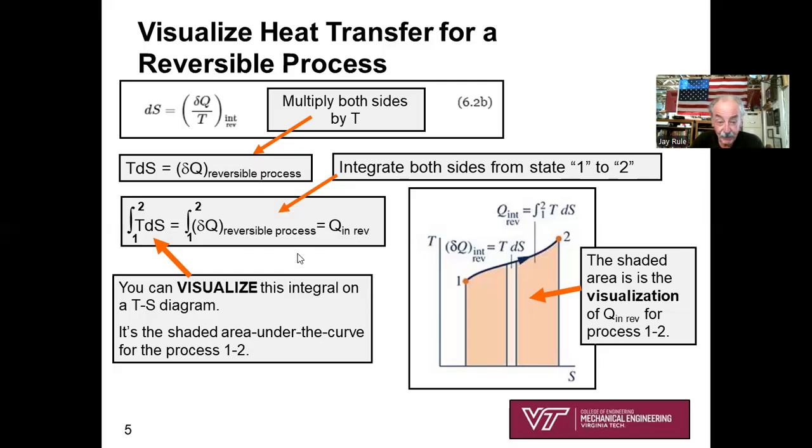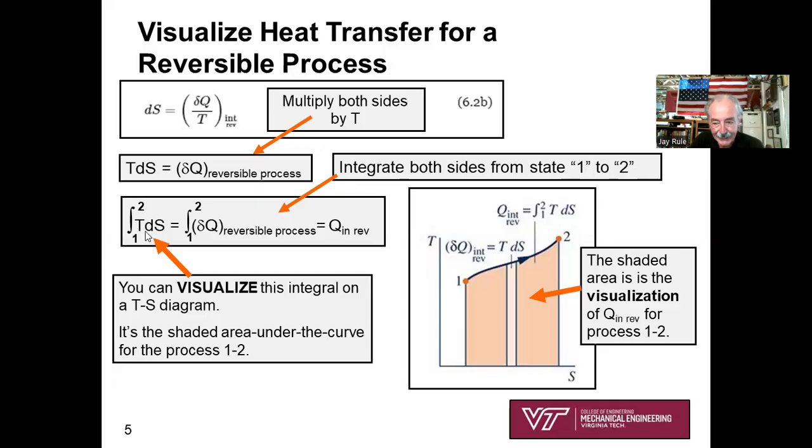And so here's the point I want to make: the left-hand side, you can visualize on a temperature-entropy diagram. And this is the first time I've ever mentioned, at least on the videos, a TS diagram. Well, here it is. Temperature on the Y and entropy on the X. And so you see that you can visualize Q as an integral of the process path on the TS diagram.